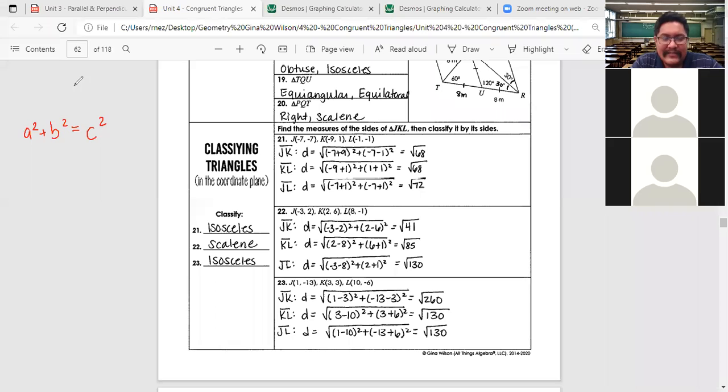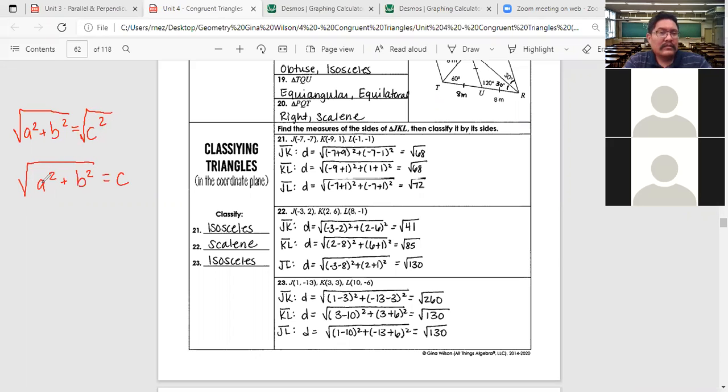And it'll make sense too, because when I started doing this, I remembered, hey, wait a minute, I taught this before. So now I remember that we did go over this. What I'd have to do is take the square root of both sides, and I would get a square plus b square equals c, because these two cancel each other out. The square and the root are inverse operations, so they undo each other.